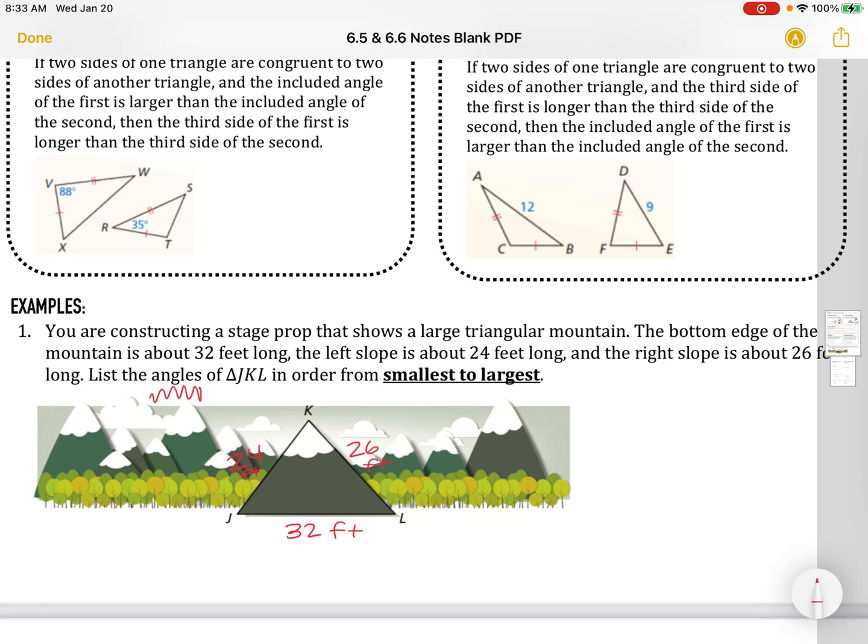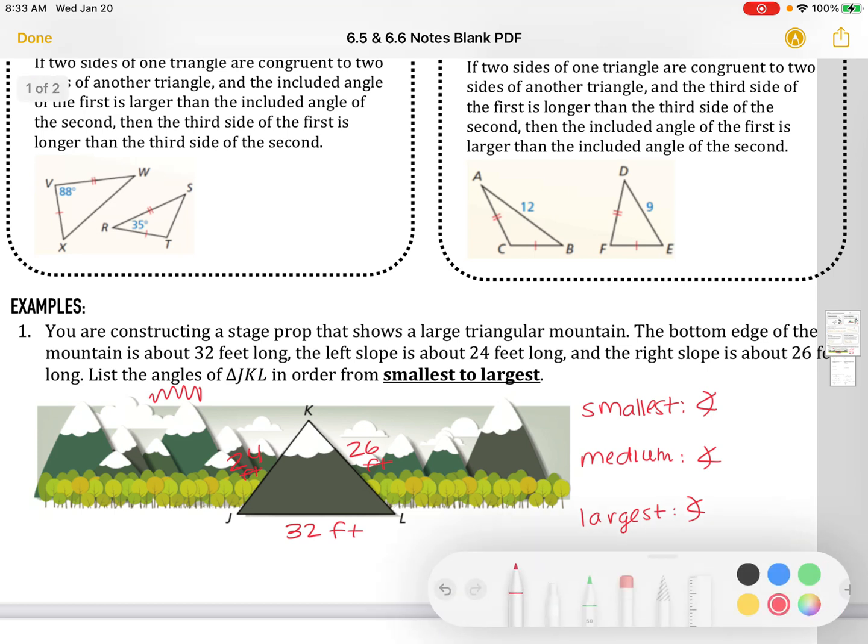If I were you, I would pay really close attention here to how you're writing your answer. I'm told that I'm supposed to go smallest to largest, so smallest, medium, largest. And I would even just put your angle symbols in so that you remember, okay, I was given side information, but I'm labeling angles here.